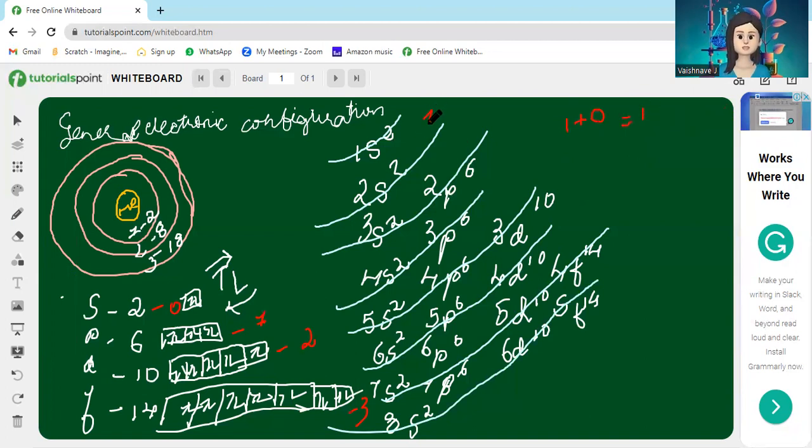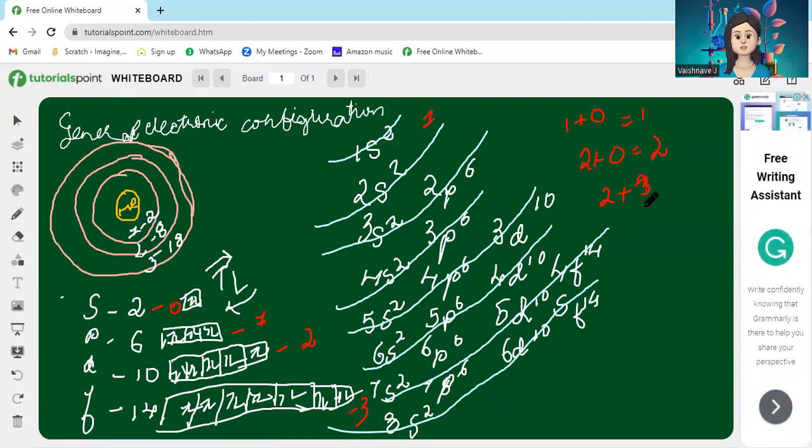So 1 is the n plus L value for 1s. For 2s2, 2 plus 0 is 2. Then 2p6: P is equal to 1, so you get 3. Like that, the energy levels keep increasing. Clear?